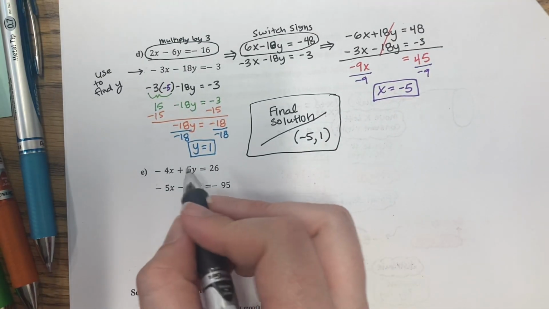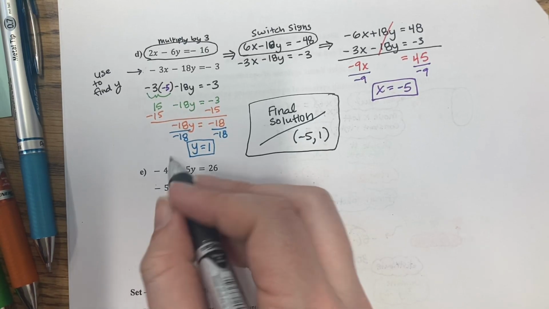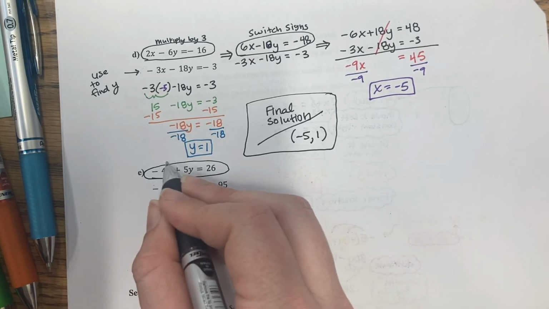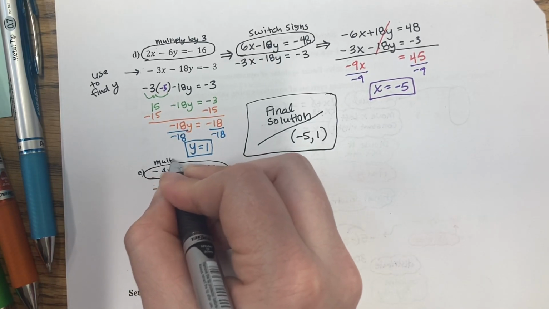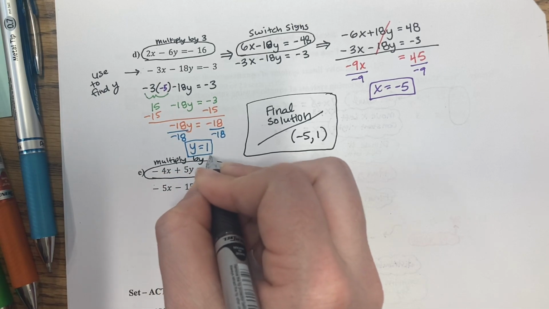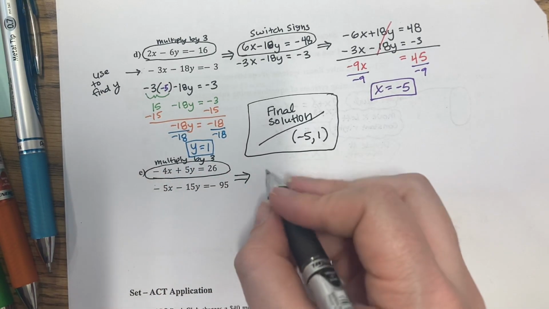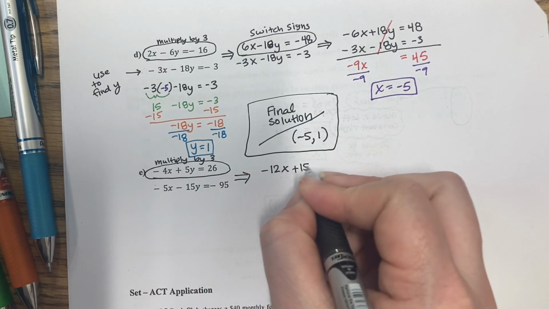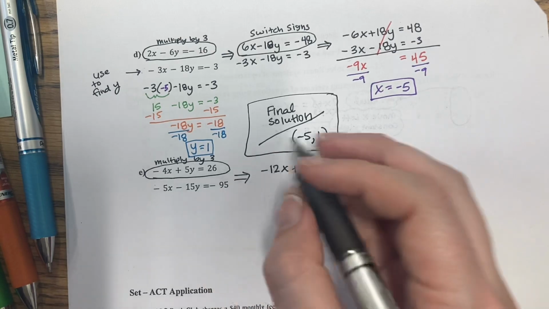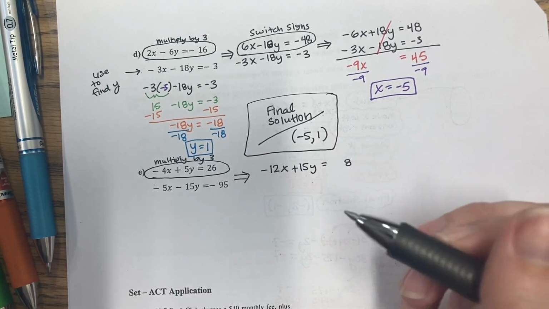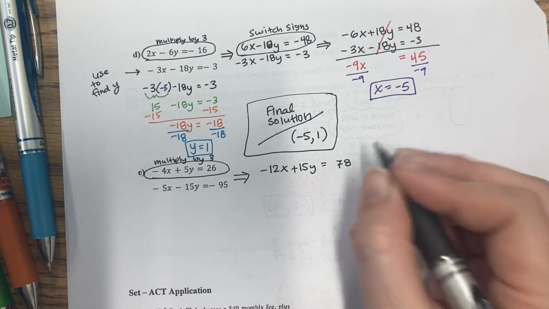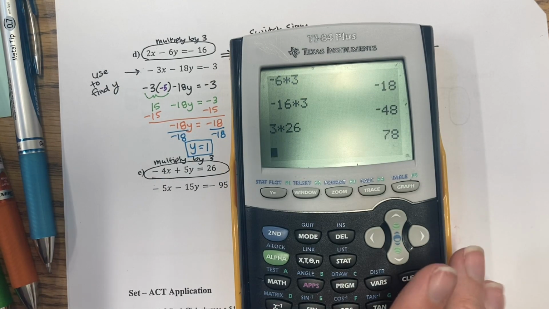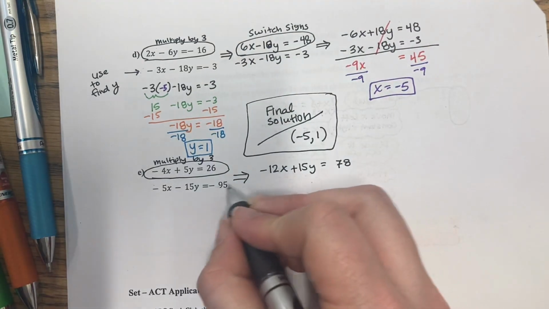Let's try and eliminate on this one. 4 and 5 would be more difficult. I can make the 5 into a 15 though. If I multiply this line by 3, that will give me negative 12x plus 15y equals, and then I leave the bottom alone.